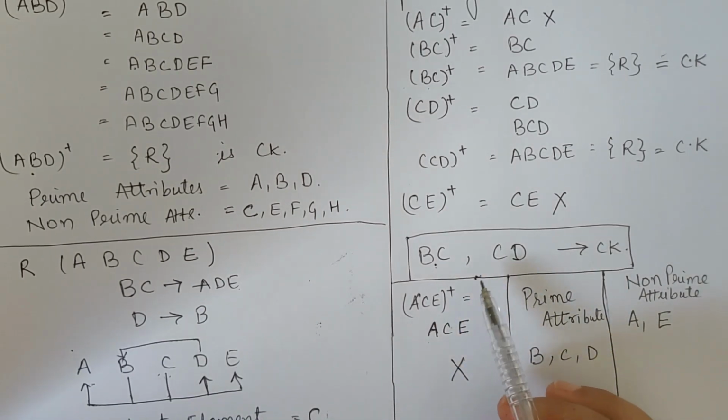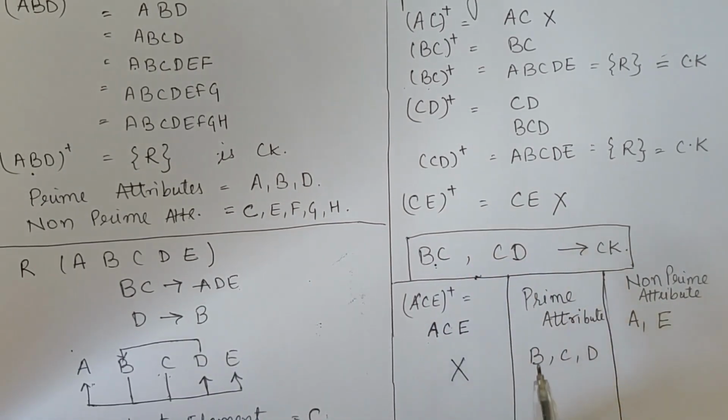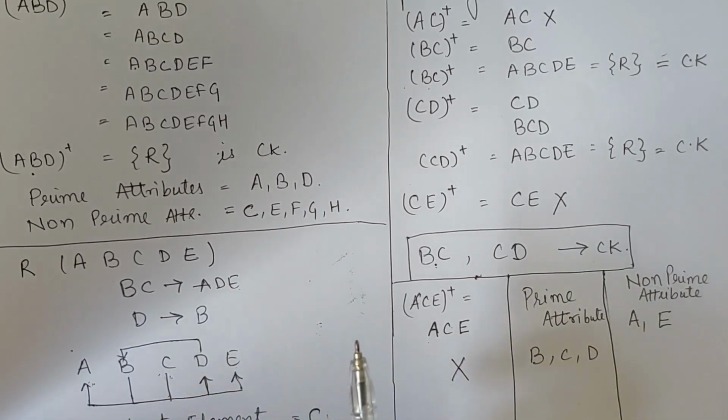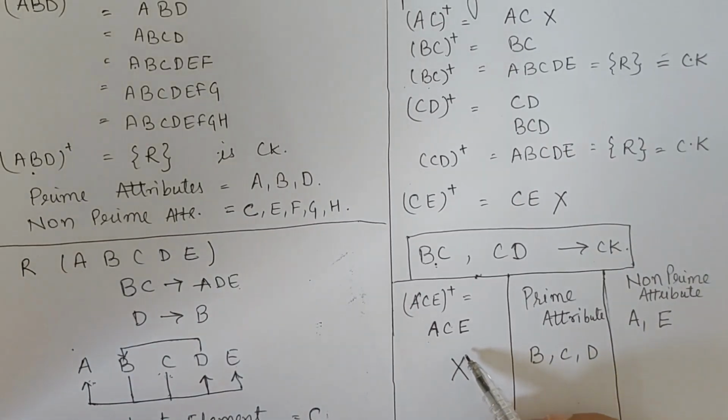So other than these attributes, the combination we could get with C was tried. Here ACE is the only combination we can use without BC and CD. We tried ACE, but that again does not give us all the relation attributes. So it is also not a candidate key.